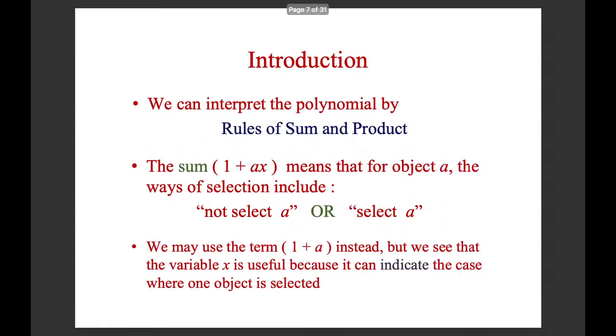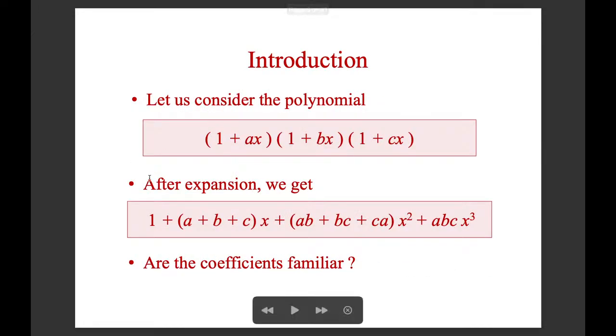So if you look at the previous case, here this is x to the power 1. When the power is 1, it corresponds to selecting exactly one object. And here the power of x is 2, so x squared. In that case, we are talking about the ways of selecting exactly 2 objects.